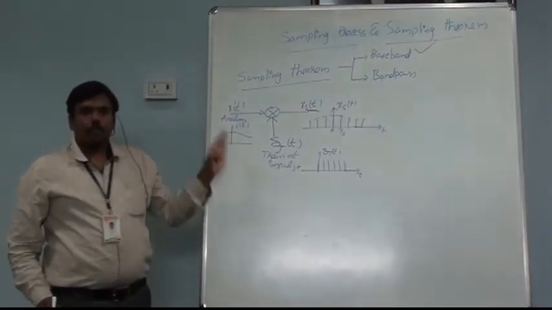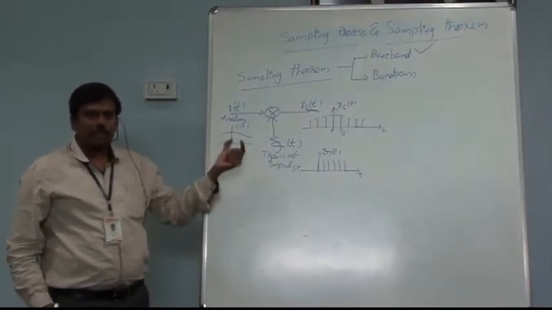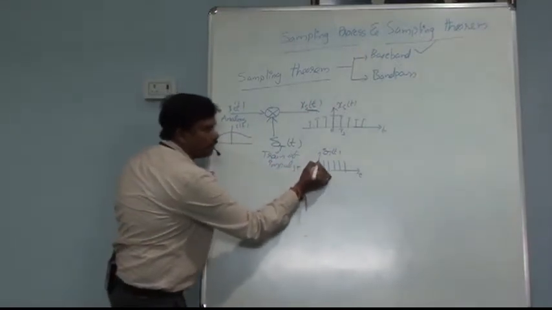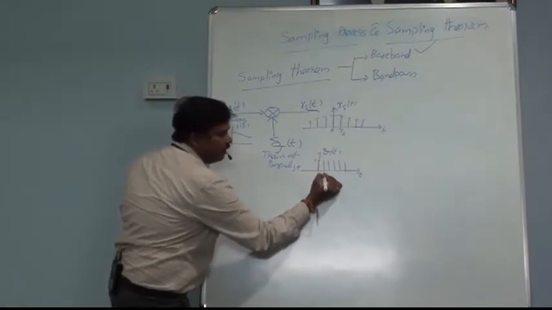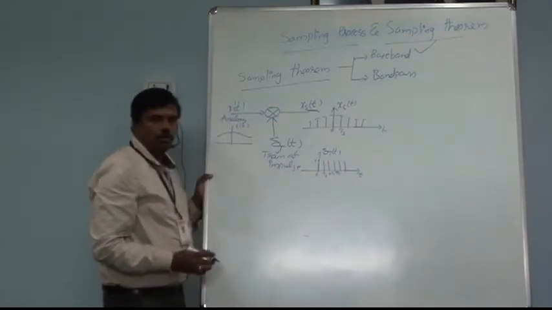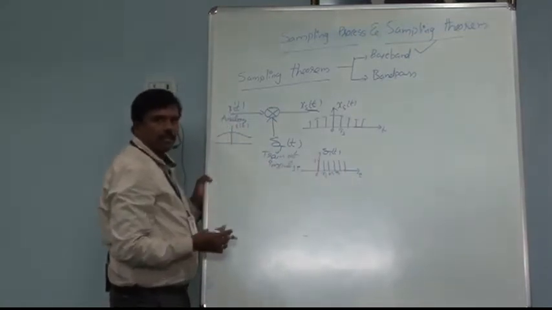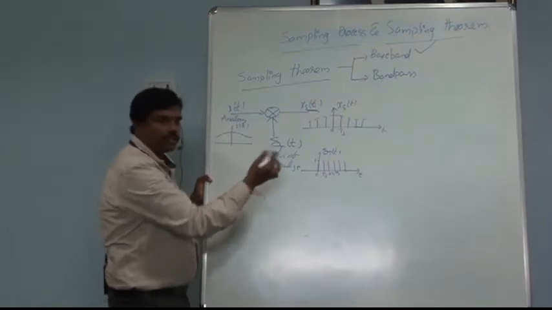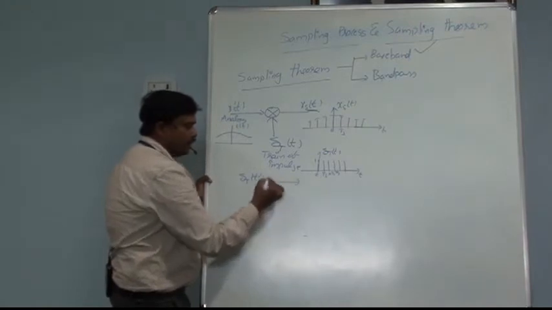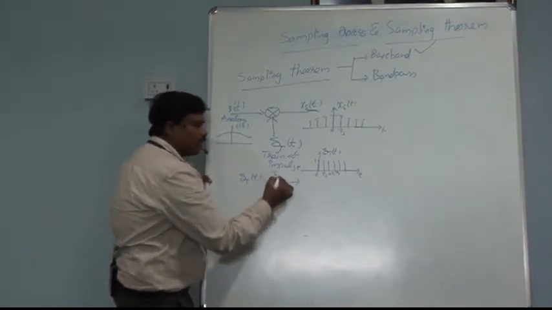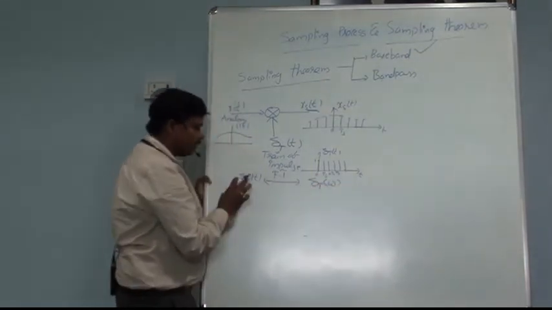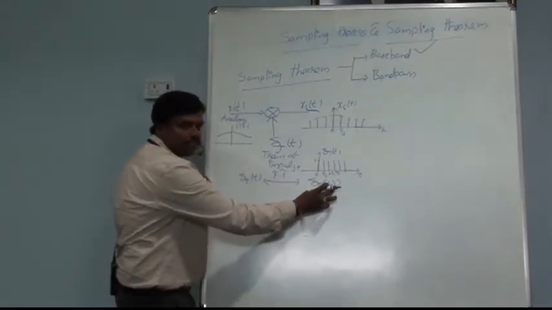Now, for proving the reconstruction process, we require a few things here. That is, this train of impulses, you can take it as Ts, 2Ts, 3Ts like this. Now, this is delta of t. Now, I would like to write the Fourier transform of delta of t. Delta of t is a train of impulse signal. The Fourier transform of this, I am assuming it as delta of omega. This is the time domain signal and this is the frequency domain signal.